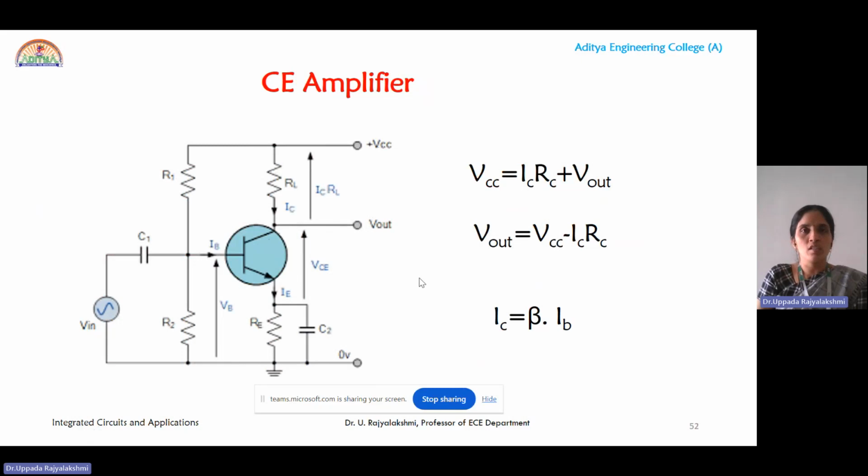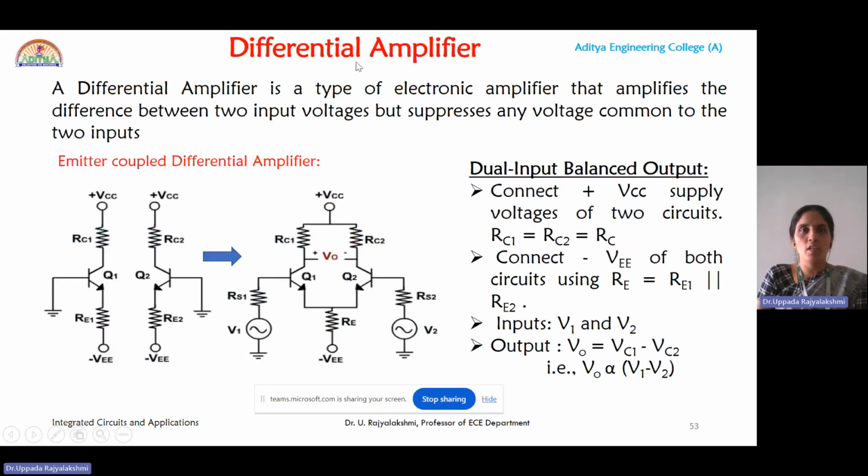Coming to the construction of differential amplifier, in order to construct a differential amplifier, we have taken two similar CE amplifiers. The similarity is such that RC1 is equal to RC2, that is, the two collector resistors of the two CE amplifiers are equal.